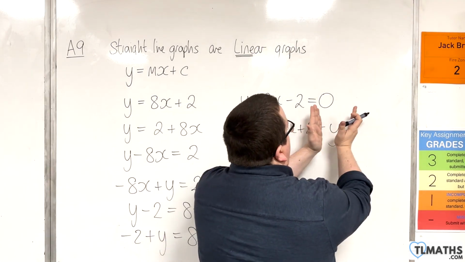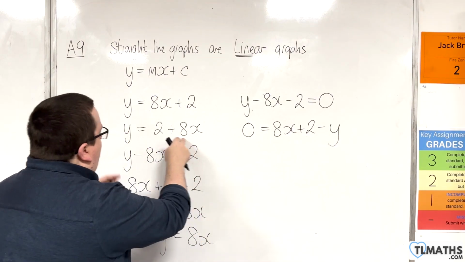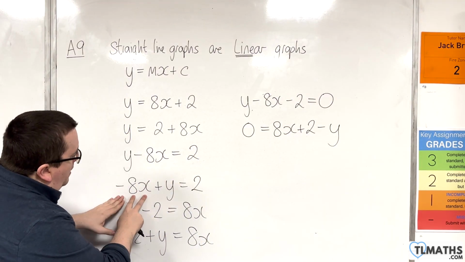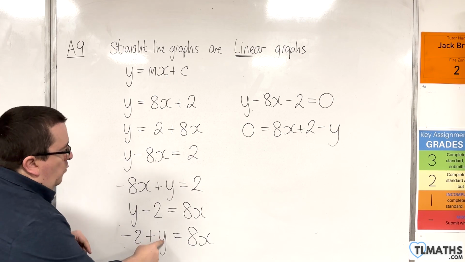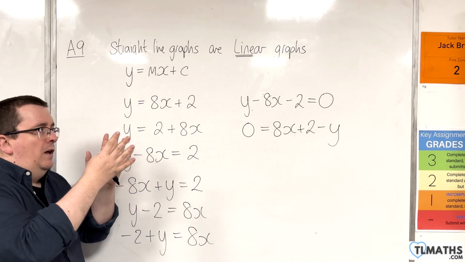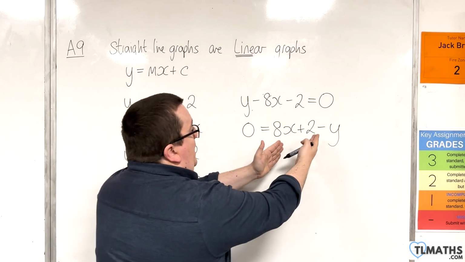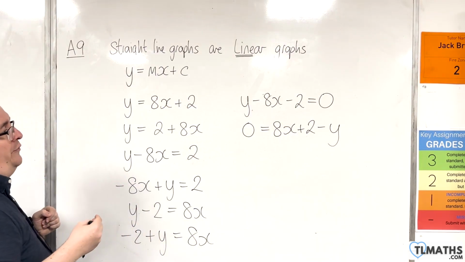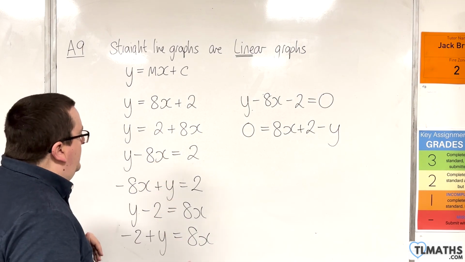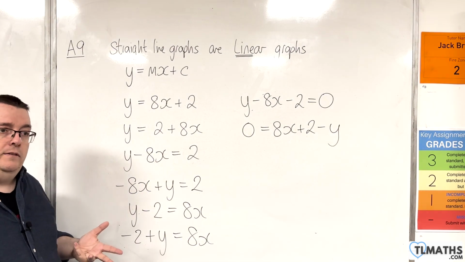You've got an 8x and a takeaway y, you've got an 8x and a 1y, you've got a minus 8x and a y and an 8x there. So they are separate things. They can be on the same side of the equal sign, they can be on opposite sides, whatever.